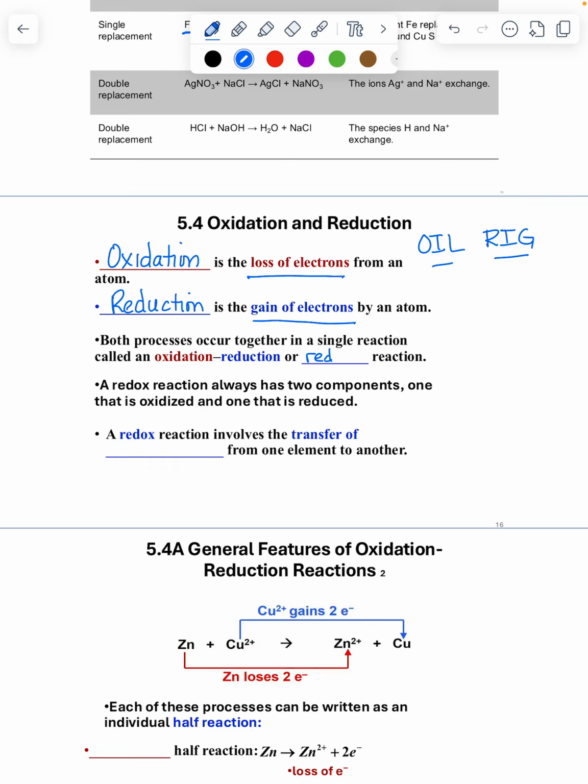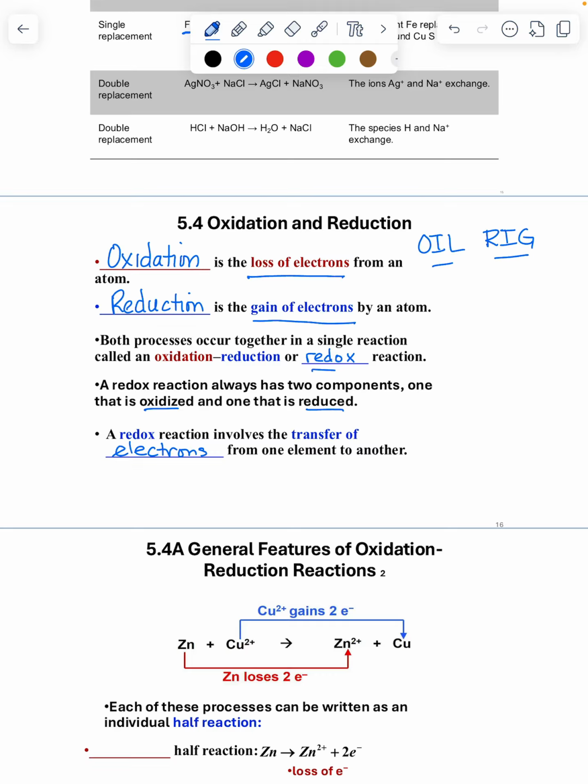A redox reaction always has two components, one that is oxidized, losing electrons, and the other that is reduced, gaining the electron that was lost. A redox reaction involves the transfer of electrons from one element to another. So let's take a look at what that might look like.